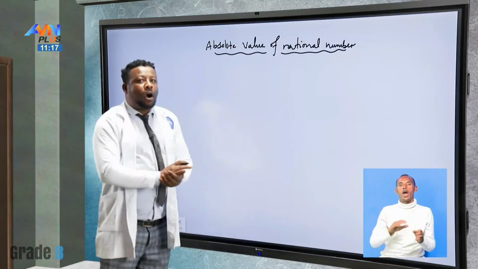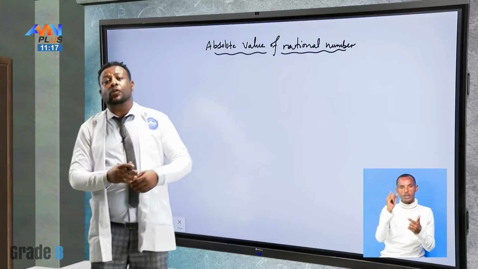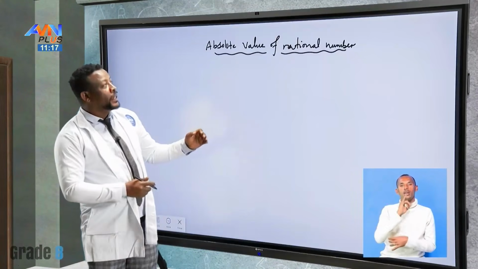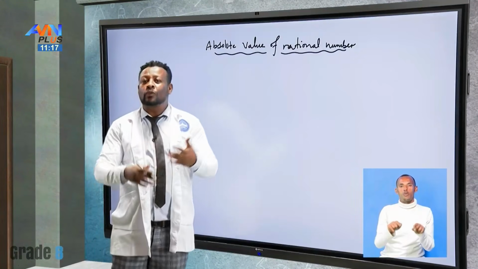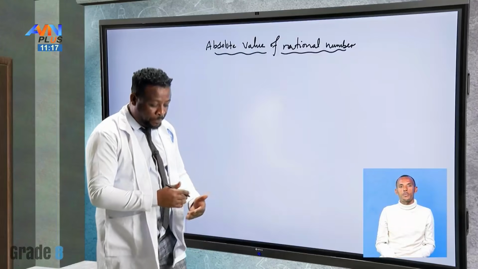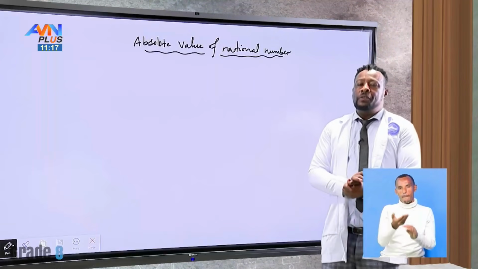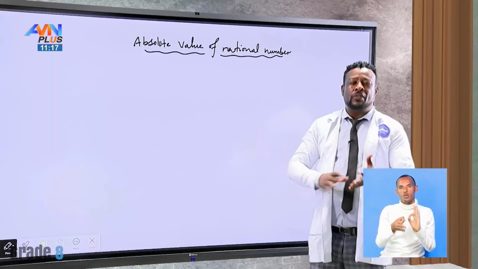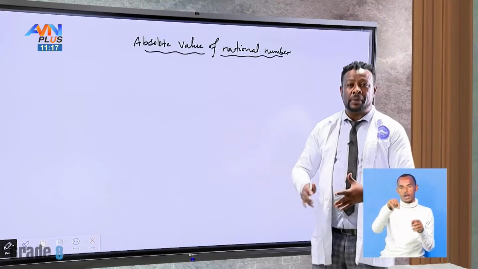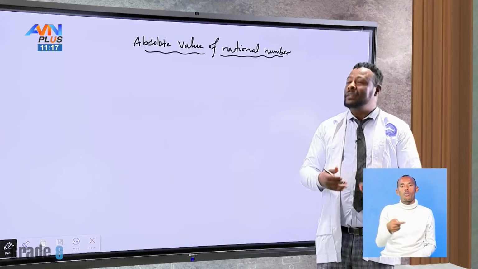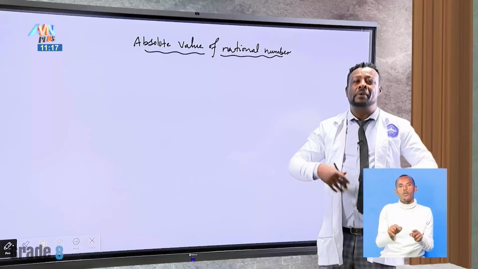So our second point of discussion for today is the concept of the absolute value of a number, a rational number, right? Before I go to the definition of the absolute value of a rational number, I have to tell you what the absolute value of a number is.